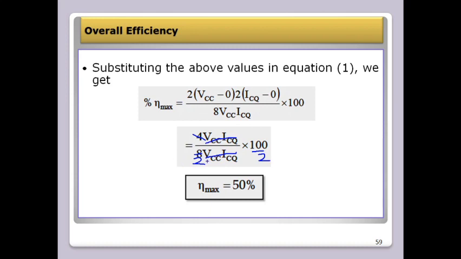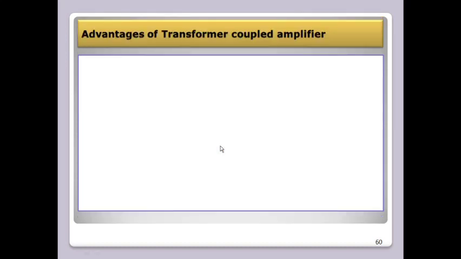So it is 50%. The efficiency is now 50%. So this is the derivation of percentage efficiency of a transformer coupled class A power amplifier.